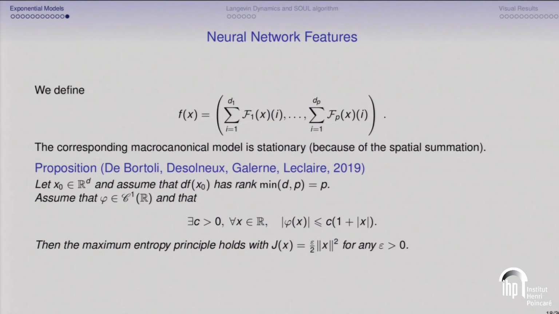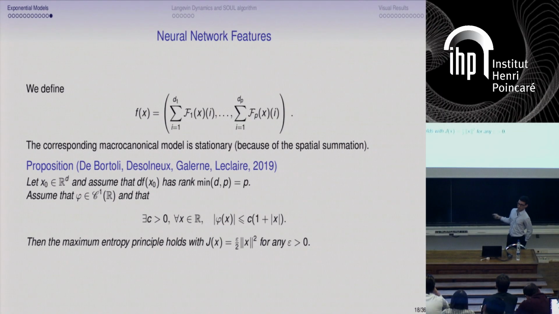If you put an assumption of maximum rank for the neural network, meaning that the differential has rank P, with D being the number of numerical values for the pixels and P the number of statistics that you use, then you should use fewer statistics than the number of pixels of your texture, so P should be much less than D. And if you assume that the nonlinear unit is sublinear, then we can show that the macrocanonical model exists with respect to a Gaussian reference measure.